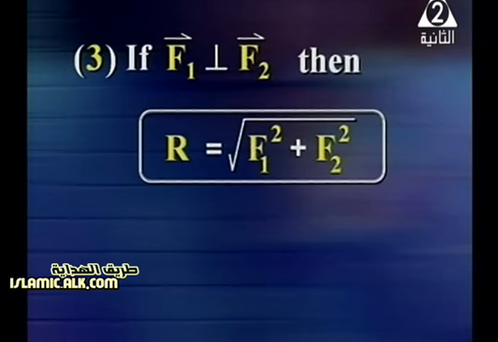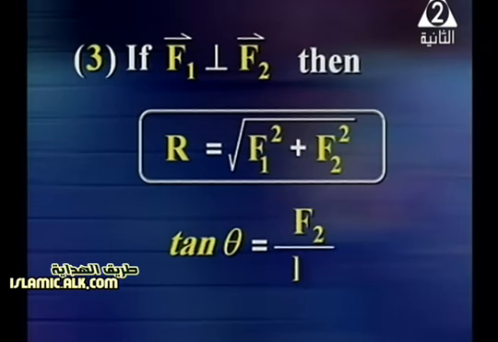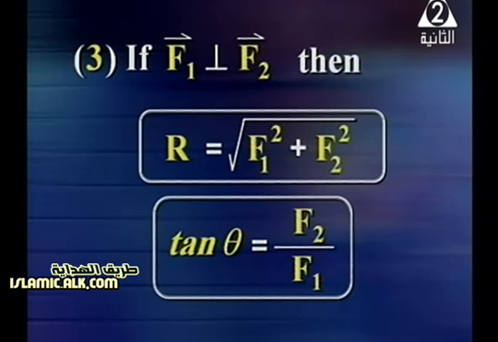Then the rule becomes: the resultant of the two forces equals square root of F1 squared plus F2 squared. And the direction is tan theta equals F2 over F1. Remember, theta is the angle between R and F1.